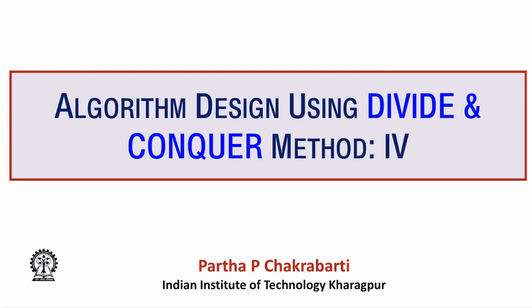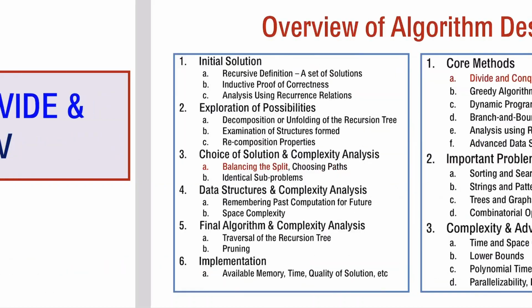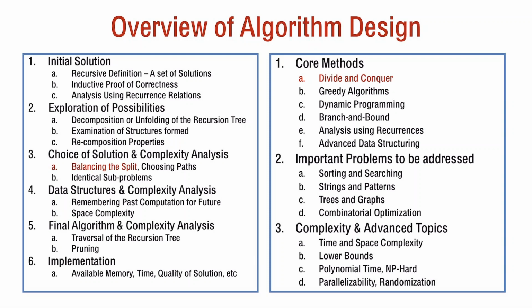Hello everybody. We continue our discussion on the divide and conquer method for algorithm design. In our 6-step process, after generating the recursive definition, proving the correctness, creating the recurrence relations, and exploration of the properties, the core concept of divide and conquer comes from trying to balance the split.